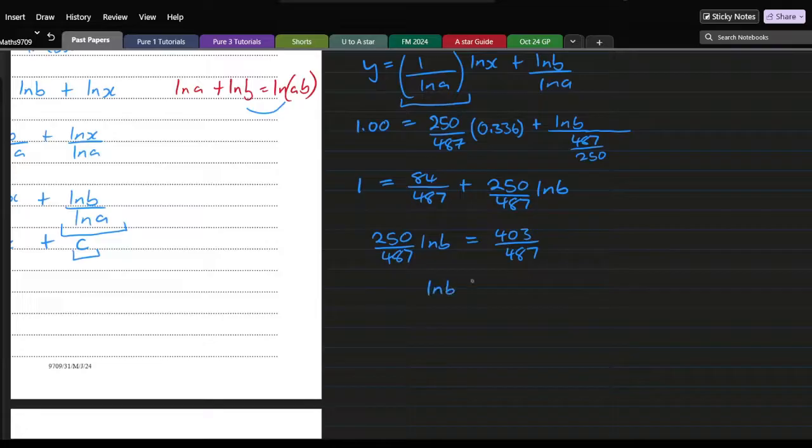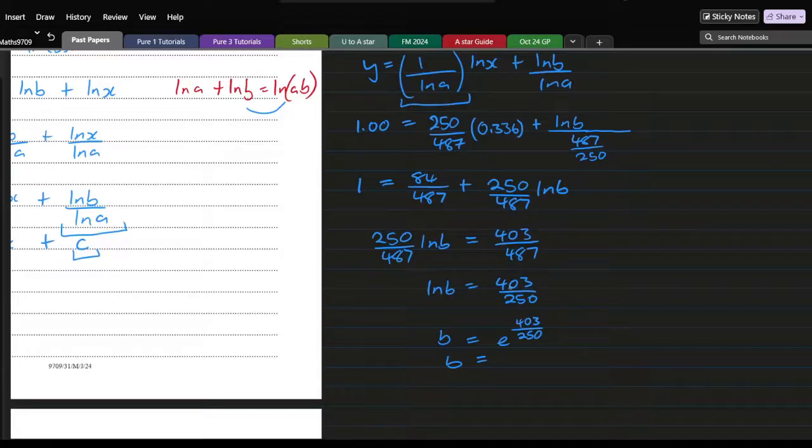Ln b is equal to 403 divided by 487 multiplied by 487 divided by 250, and this is 403 over 250. And now we can simply apply the exponential function to both sides, so b is equal to e to the 403 over 250.